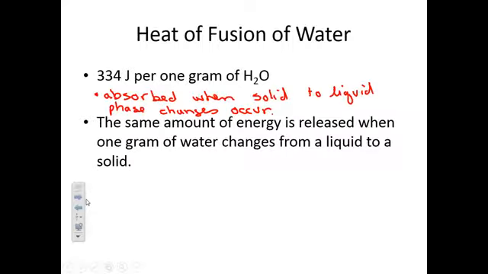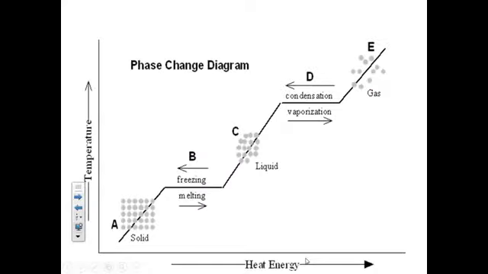And then the same amount of energy is released when 1 gram of water changes from a liquid to a solid. So this absorbs the energy, and we use a negative sign to show the energy released. That heat of fusion is occurring right here.